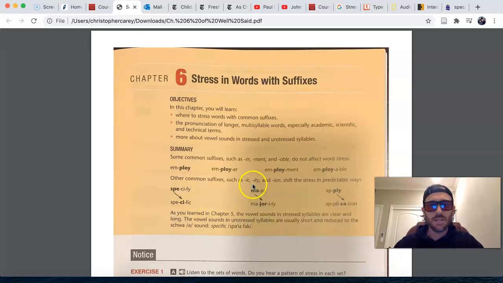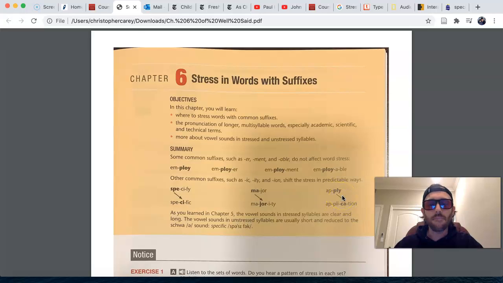Same thing with the ITY suffix. Major, majority. You can see the shift over one syllable. And the same thing with the ION suffix.